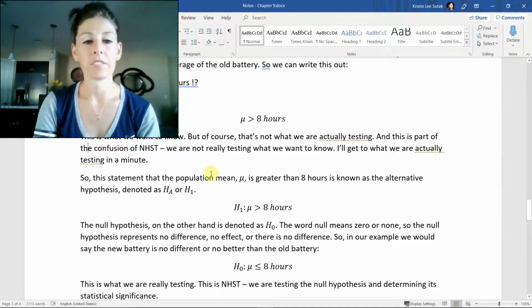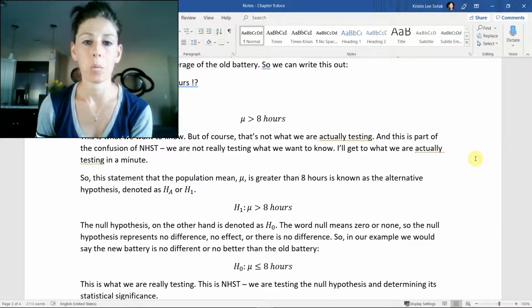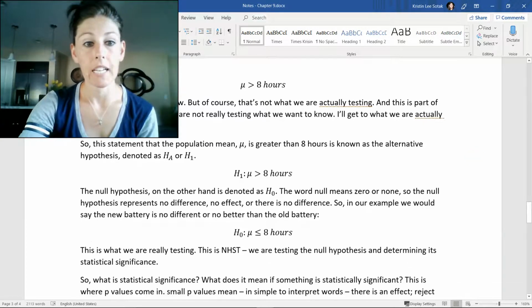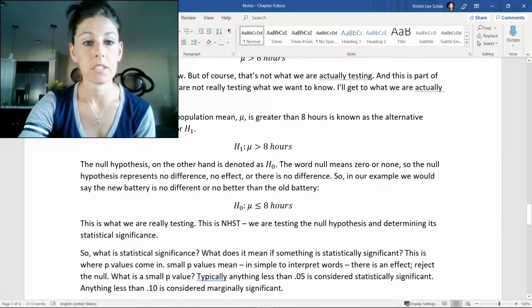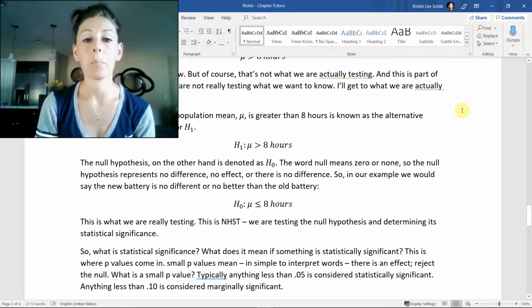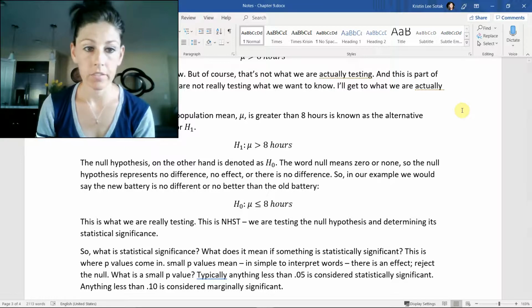But of course, this is a confusing chapter. That's not what we're actually testing. And this is part of the confusion of NHST. We're not really testing what we really want to know. What we're really testing is the null hypothesis, so we'll get to that in a second. So this statement that the population mean mu is greater than 8 hours is known as the alternative hypothesis.